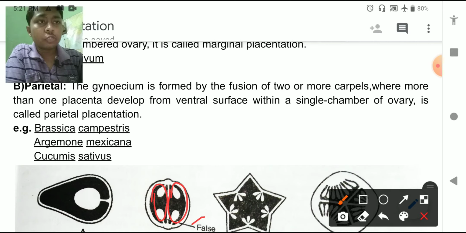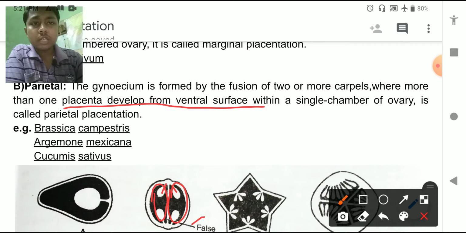After the fusion, the ovule comes from the parietal region. The placenta develops from the ventral surface within a single chamber ovary. That's the reason it is called parietal placentation.